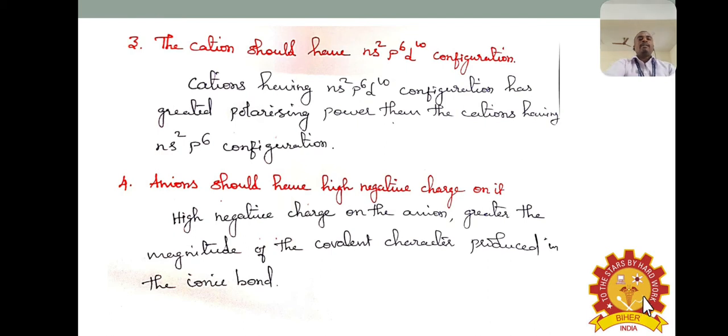Next one is that the cation should have ns2 np6 nd10 configuration, a d10 configuration.